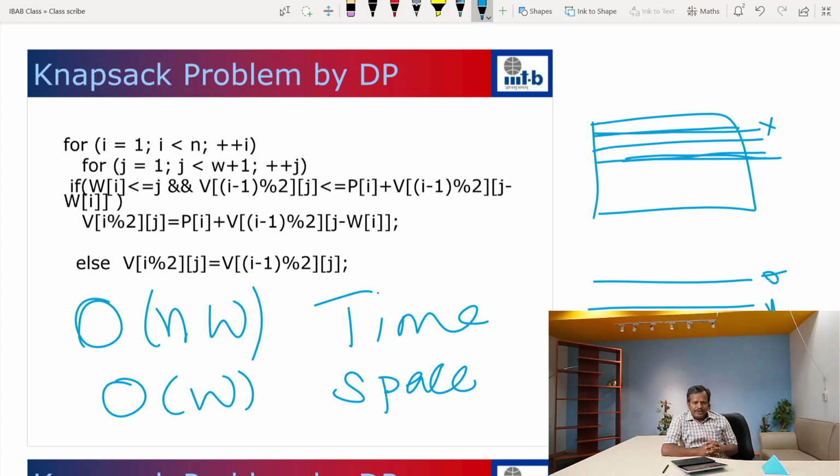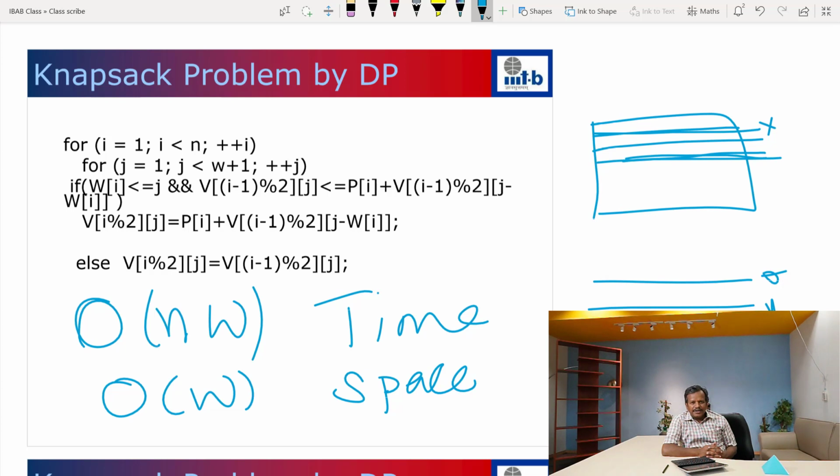So this algorithm can be used when W is very small compared to n, right? If you can afford order W space and order n into W time, we can use this algorithm.